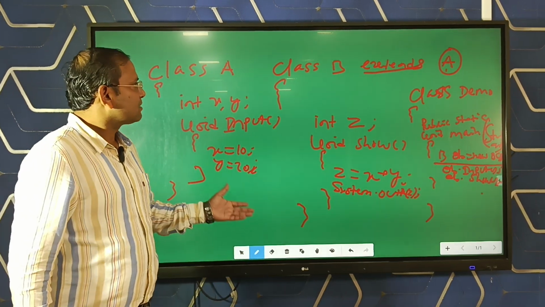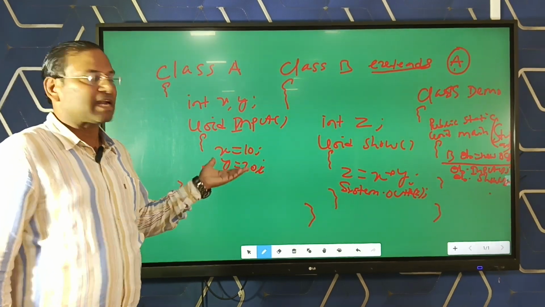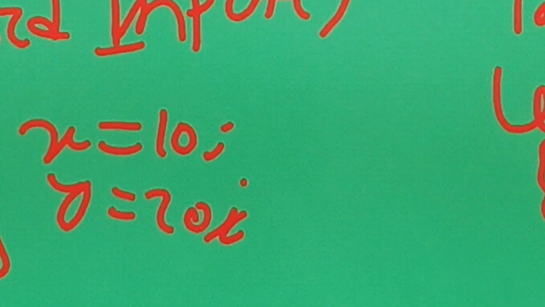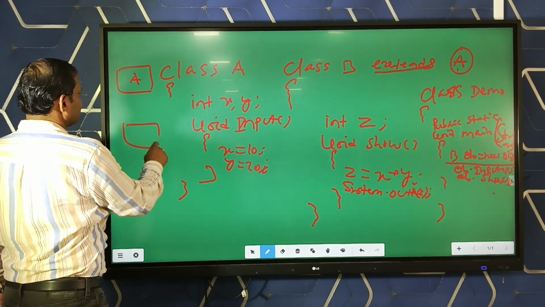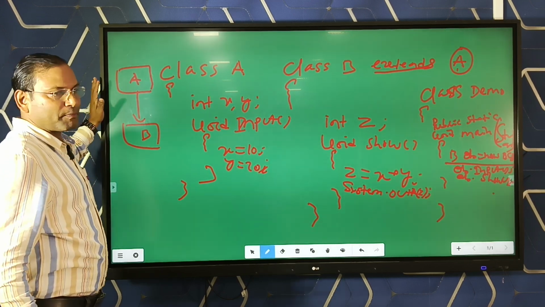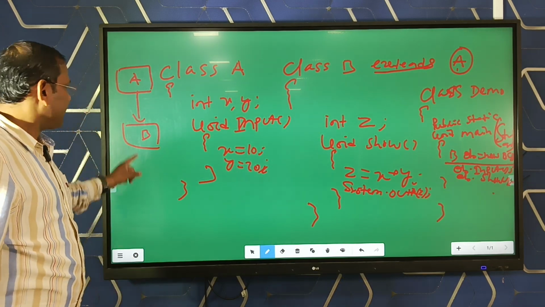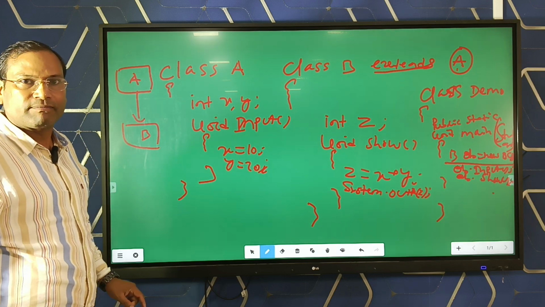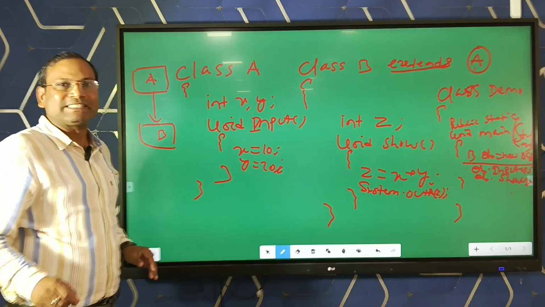So using this program, if you run it, we can understand what is single inheritance. This is the diagram of single inheritance. This is class A, this is class B. Then class B occupies the properties of class A. When a new class occupies the characteristics of an existing class, we can say that is single inheritance.